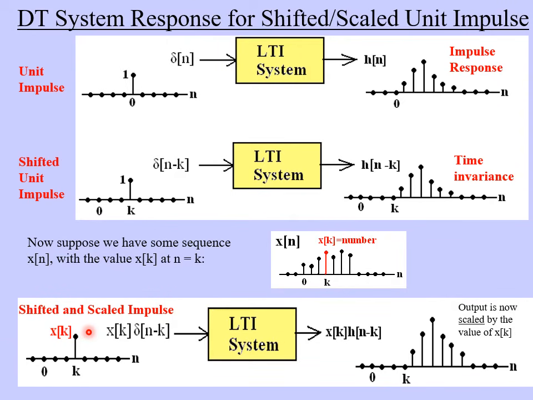What does that do to the output? Well, the output also gets scaled by x of k. So the output is x of k times h of n minus k, and it looks just like before, except it's perhaps taller now depending on the value of x of k. We did this slide earlier, but now we're going to take this another step.